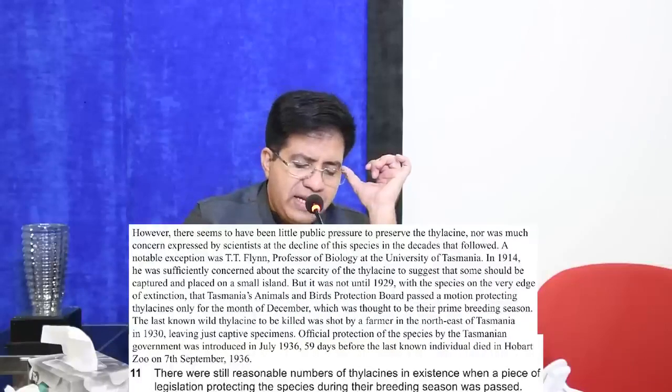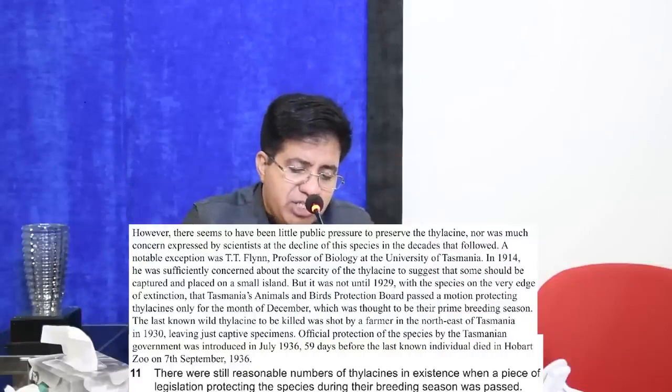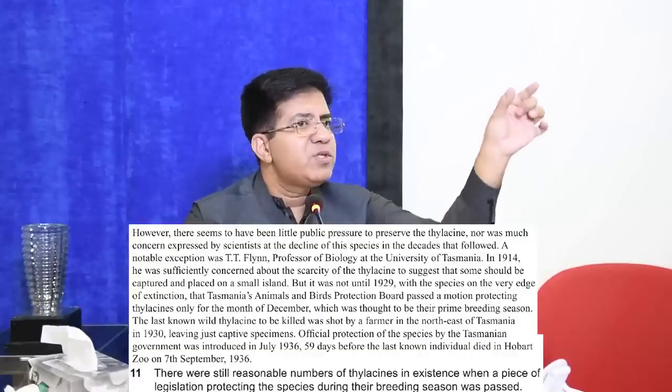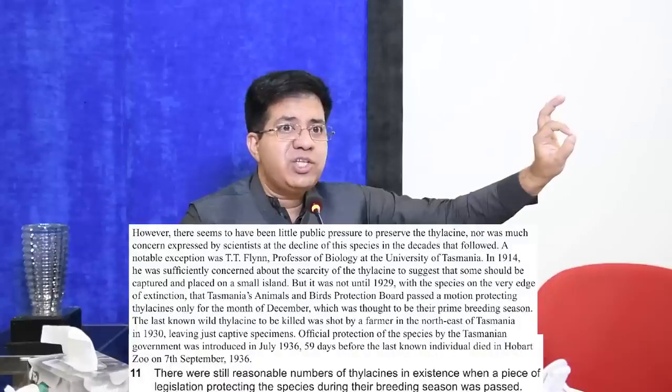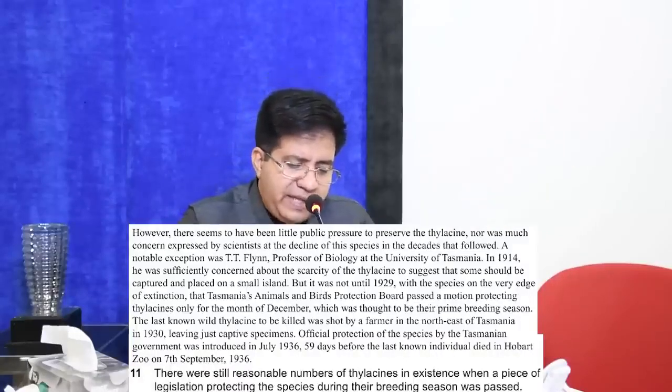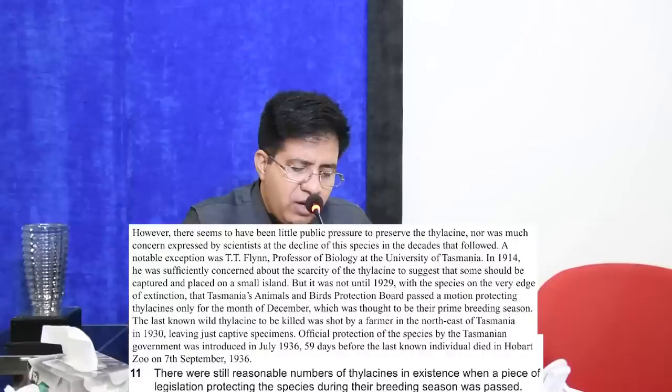But it was not until 1929 when the species on the very edge of extinction. What does it mean? Few. Small number. Very edge of extinction. Okay. That Tasmania's Animal and Birds Protection Board passed a motion protecting thylacine only for the month of December, which was thought to be their prime breeding season.